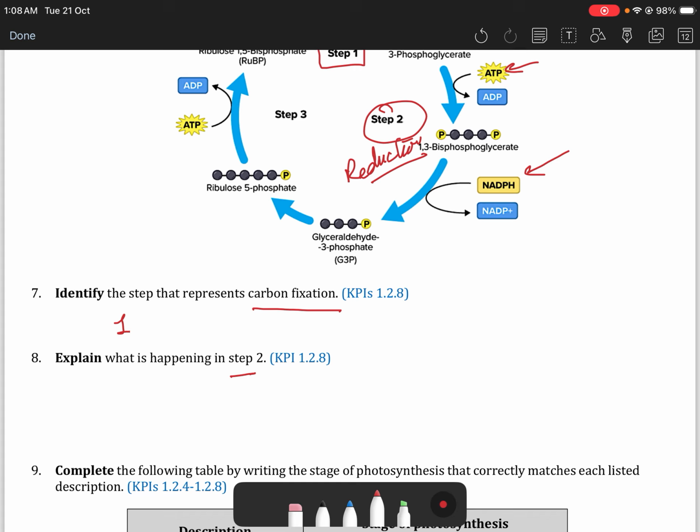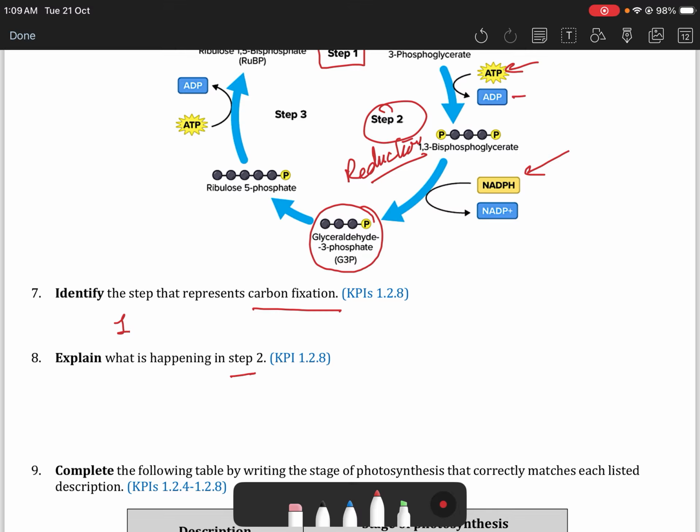Okay, I will repeat again. What's happening in this stage? The chemical energy that is stored in the form of ATP and NADPH, it is used and transferred to make G3P. It is used to make G3P, and ATP supplies the phosphate groups.